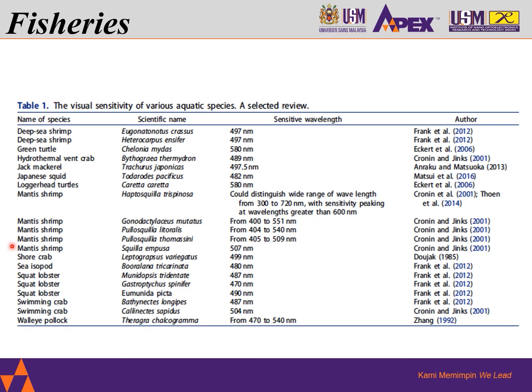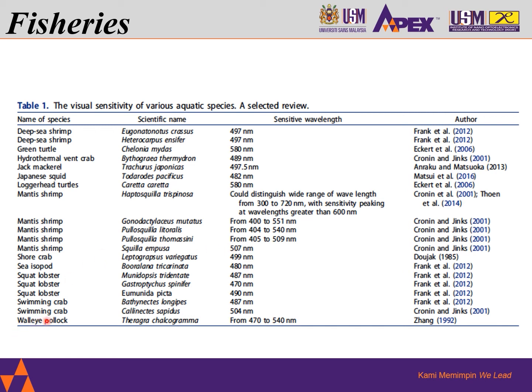So in terms of visual sensitivities in various aquatic species, it is shown here. There are a lot of different fishes, shrimp, squid, or even crab that we can use for the response of sensitivity. For example, here, deep sea shrimp is sensitive to a 497 nanometer wavelength. And for example, a sea isopod here responds to a 480 nanometer wavelength.